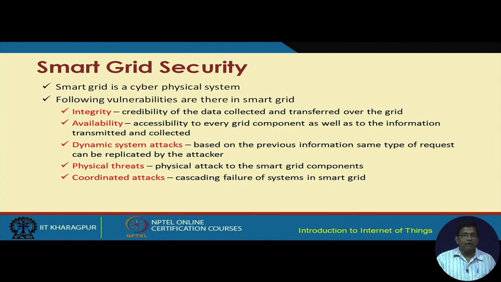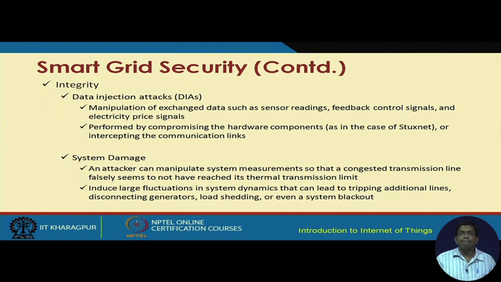We have issues with integrity and availability, dynamic system attacks are possible, and different types of physical threats on the components of the smart grid are possible. Other complex and coordinated attacks can also be launched on a smart grid. These are very important to look into when we are trying to build a smart grid.